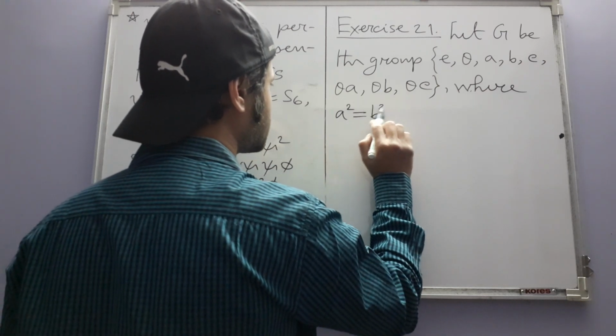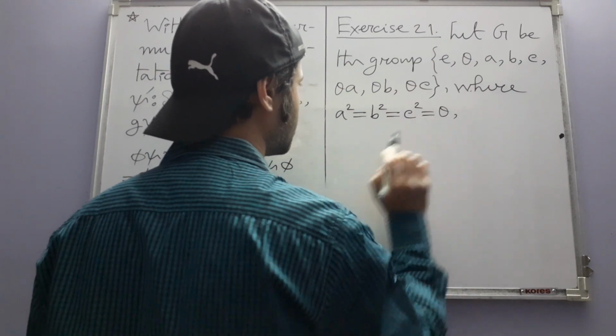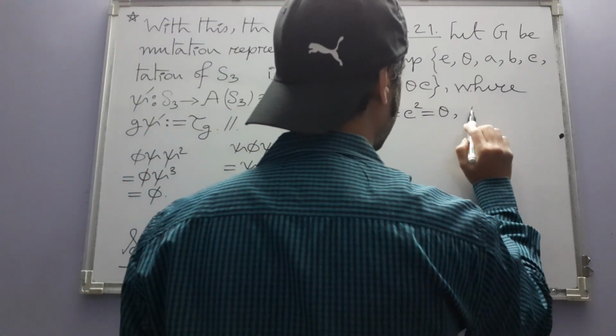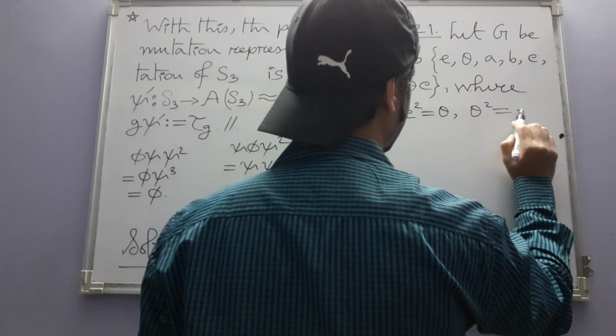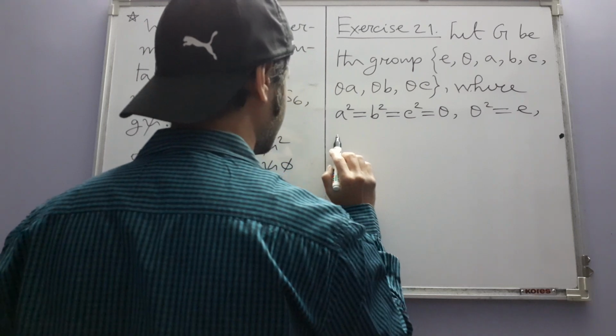The squares of A, B and C are all equal to theta. The square of theta is equal to E. E will be the identity, you can understand.